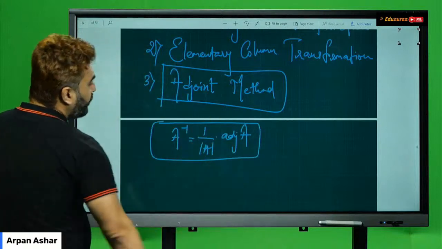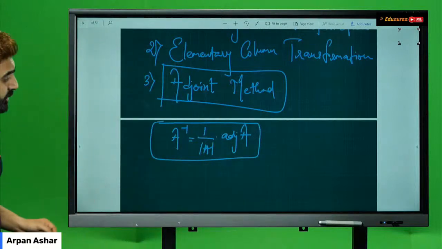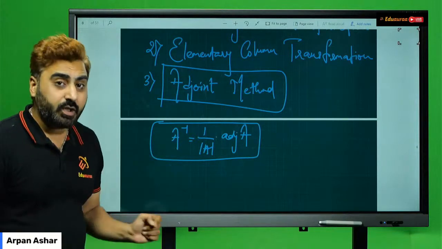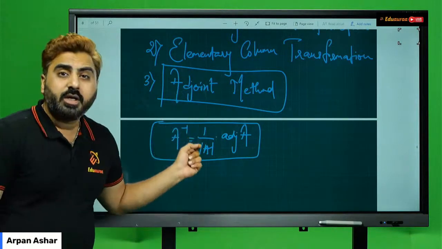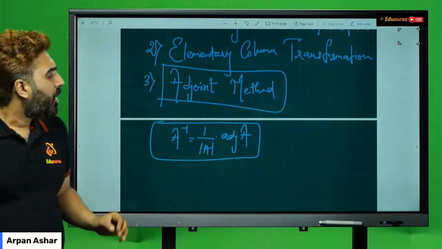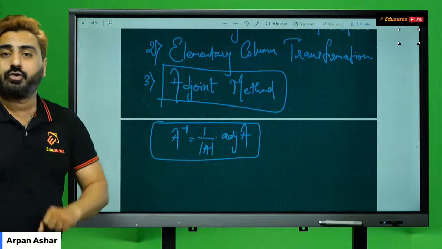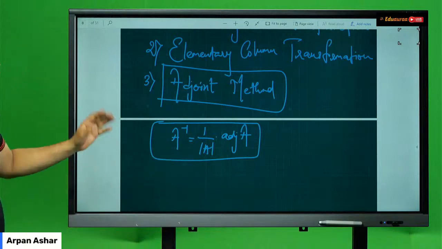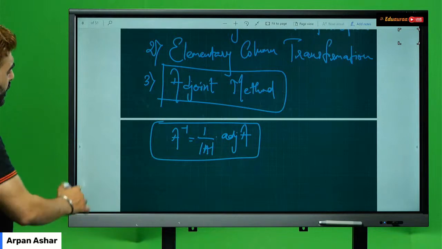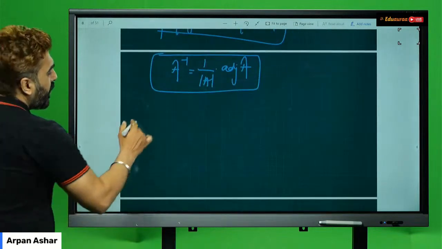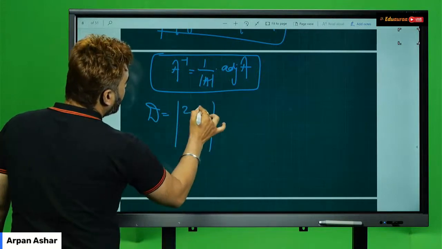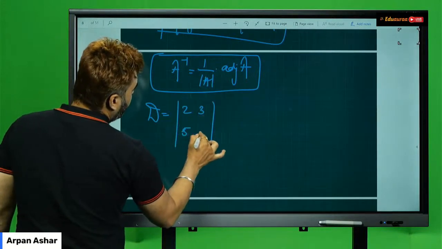The formula to find inverse of a matrix using adjoint method is A inverse is equal to 1 upon determinant of A into adjoint of A. But how to find adjoint of A? So before finding inverse, let us understand how to find adjoint of A. So we'll consider one example. So let's say हमें एक determinant दिया है 2, 3, 5, -6.